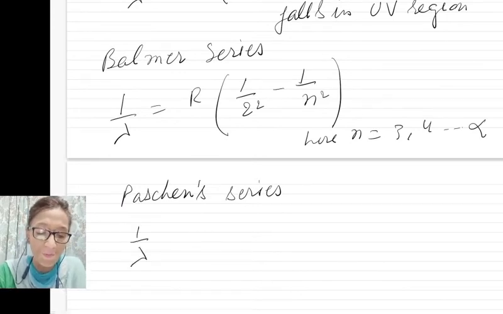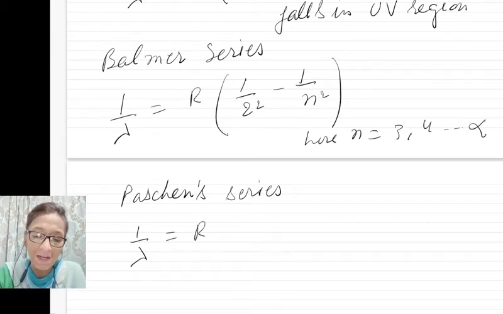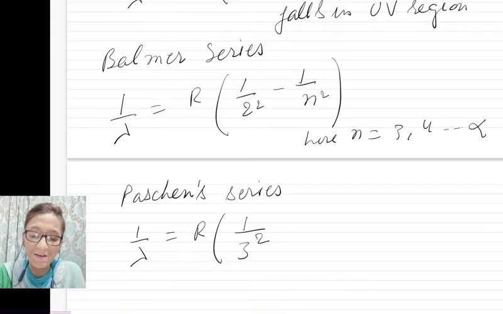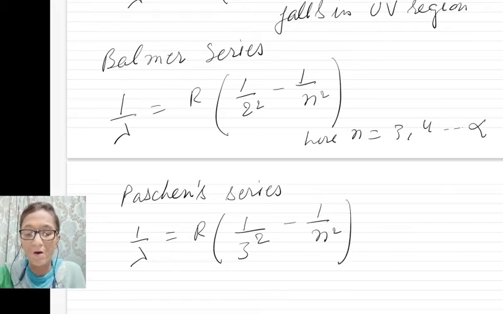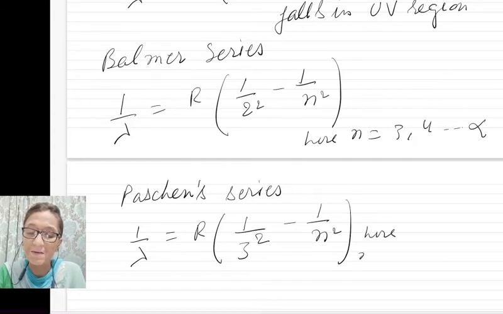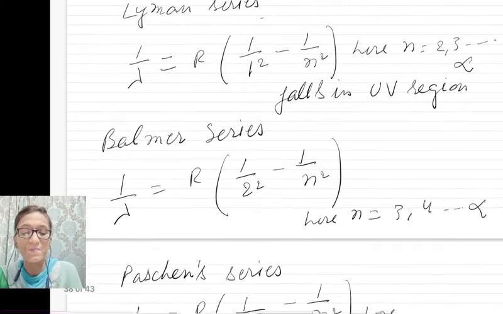You can find all the wavelengths in Paschen series by this formula only, and this number 2 will be replaced by 3. So it is 1 upon lambda equals R into 1 upon 3 square minus 1 upon n square. Here n starts from 4, 5, and goes up to infinity.